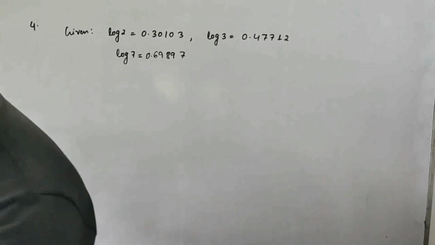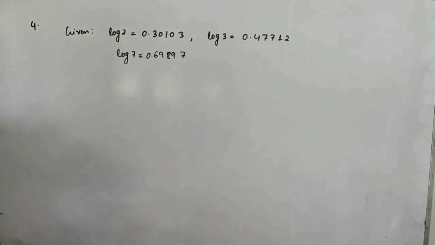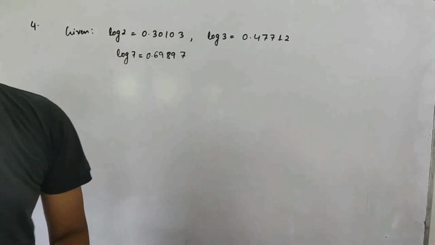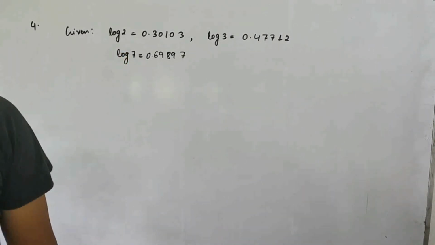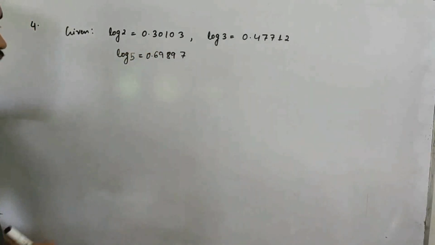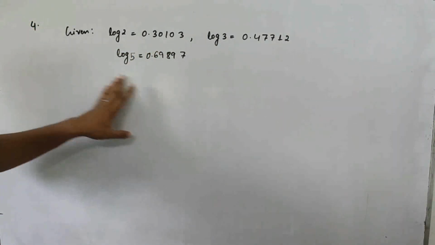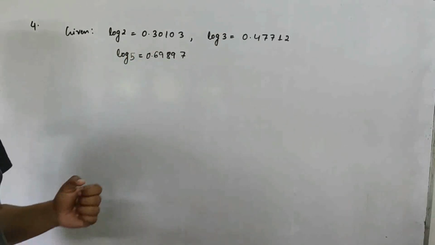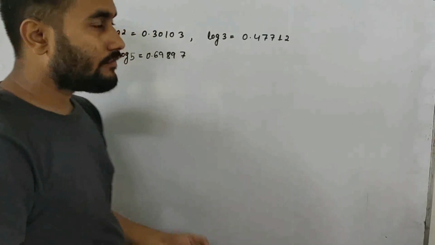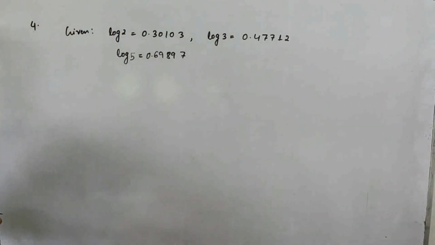Log 25 is what? 5 square, 2 log 5, 2 into log 5. The log 5 value should have been given. Sorry, this is not log 7, this is log 5. Yes, obviously 0.69897 is log 5. By mistake I have written log 7. So the log 5 value is given. Log of 25 is log of 5 square, that is 2 log 5. 2 into this, whatever you get will be your answer.